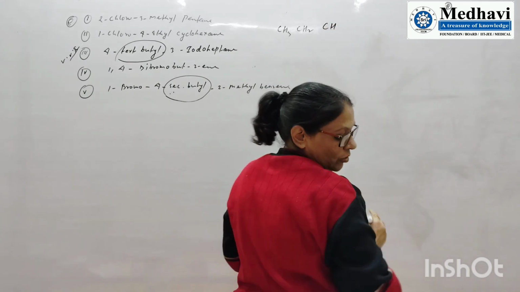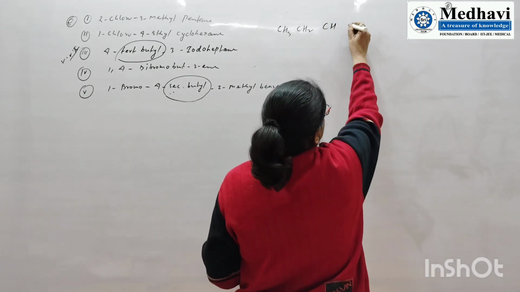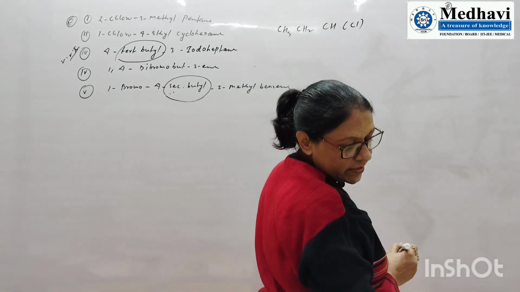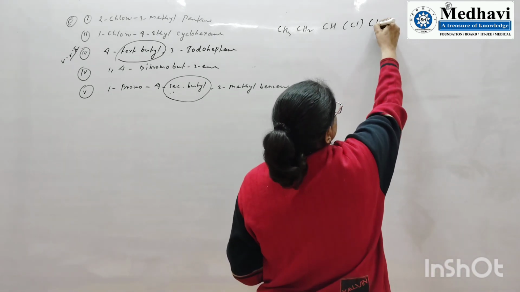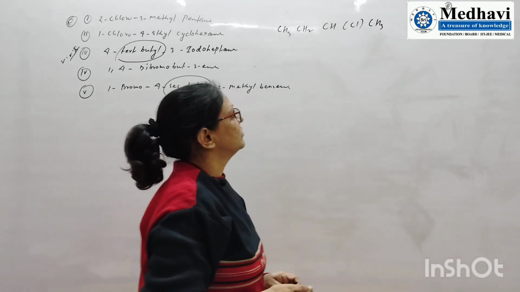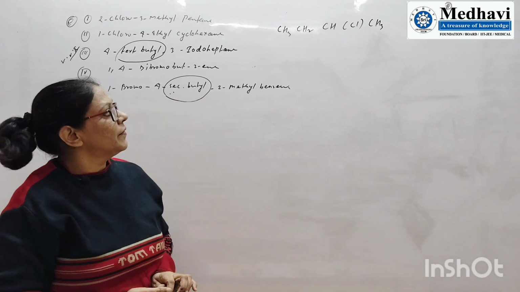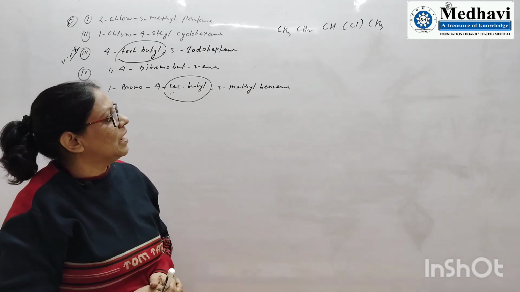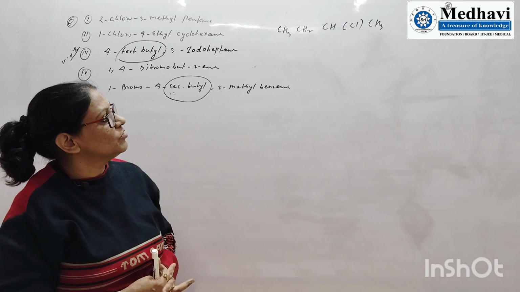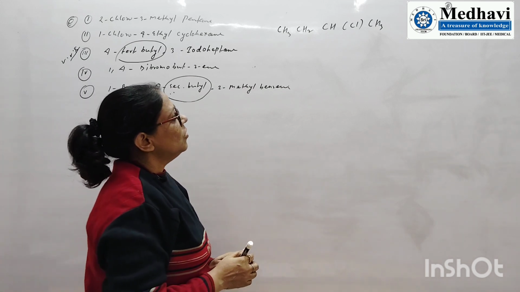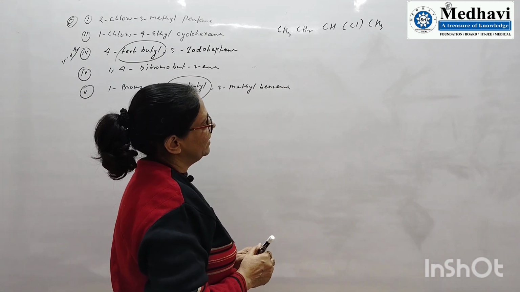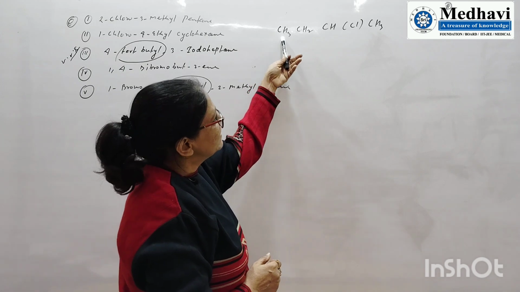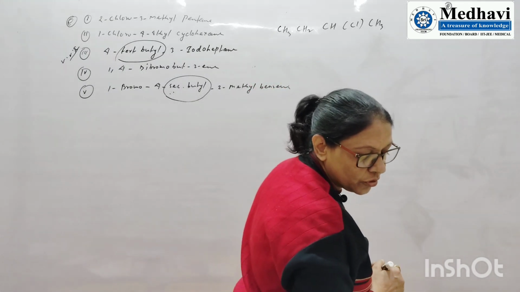Actually, I am explaining those problems that my students ask in this coaching institute. Suppose this is the question. No bond is shown. It is not visible. How will we understand which one is the first carbon? So here one thing I want to say. One more example I want to show you.